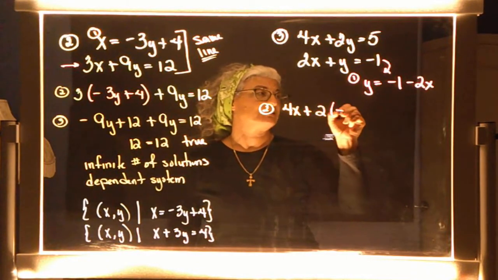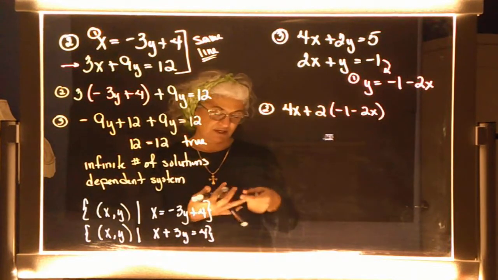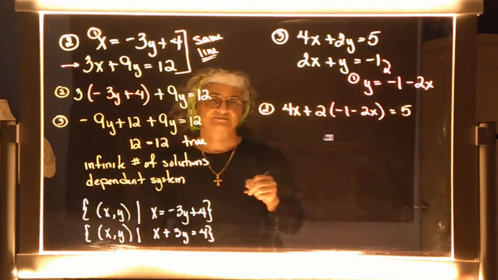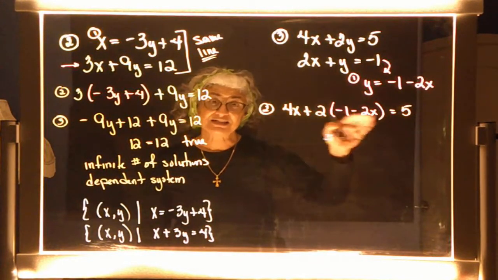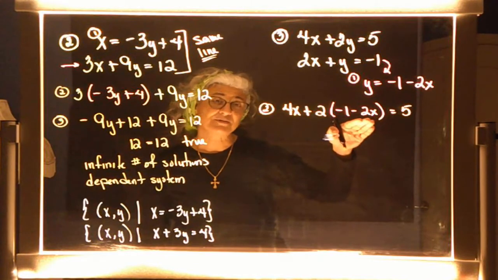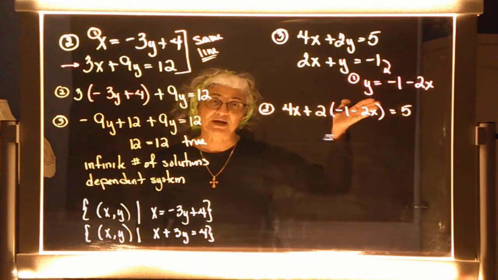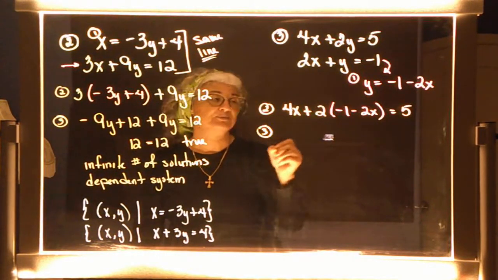Y is equal to negative 1 minus 2x. Right? Okay. Equals 5. Cool? Okay. This is what we want, right? This is the goal of substitution. I have one equation all in the same variable, which now my brain says solve, which was that third step.